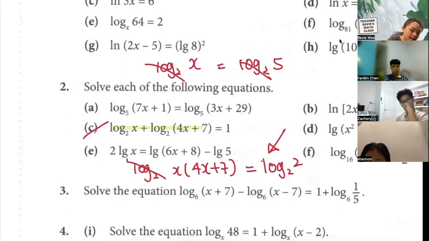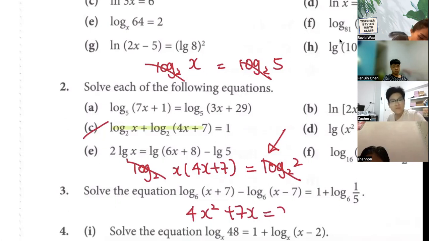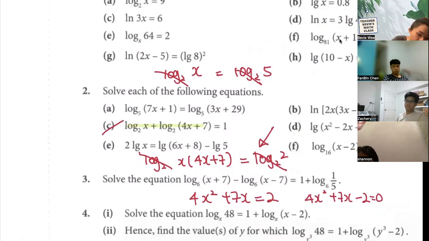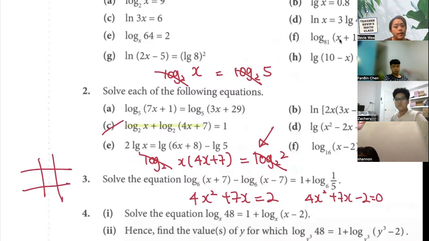Can I drop it? Yes. So x times 4x plus 7 equals 2. From here, quadratic, which we learned in Sec 2. 4x squared plus 7x minus 2 equals 0. From here, you just have to do your box method. Done. From here, can you all help me continue?